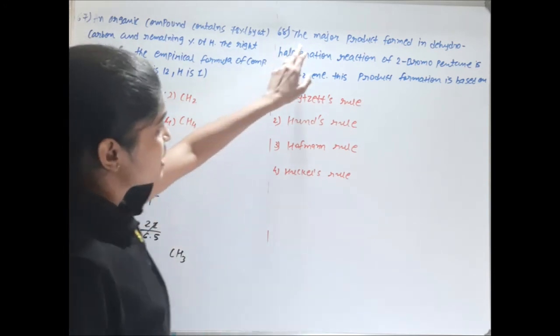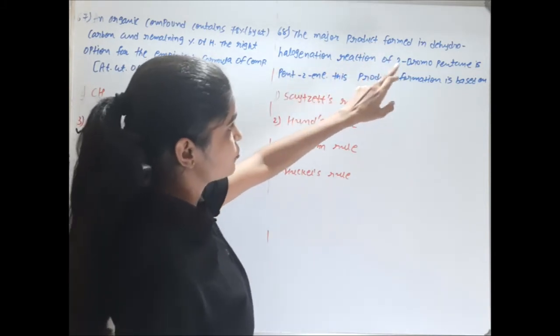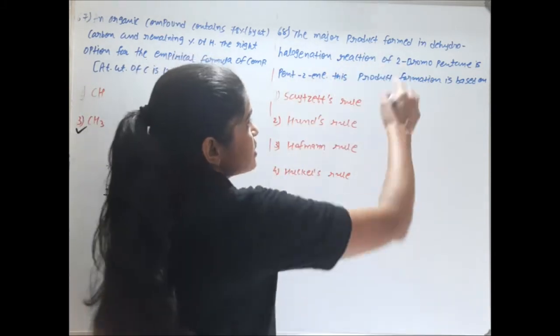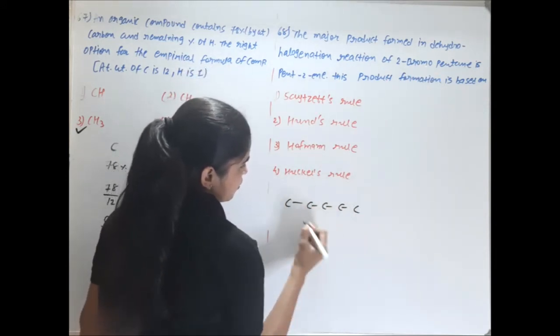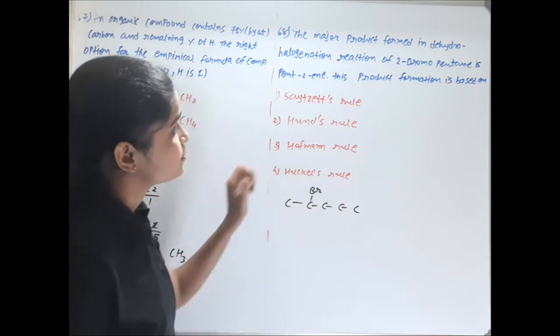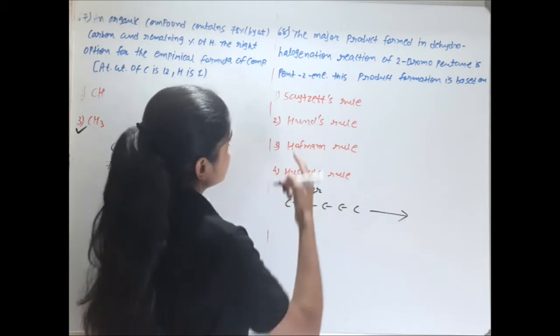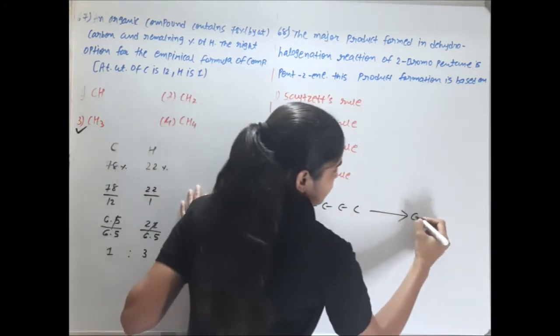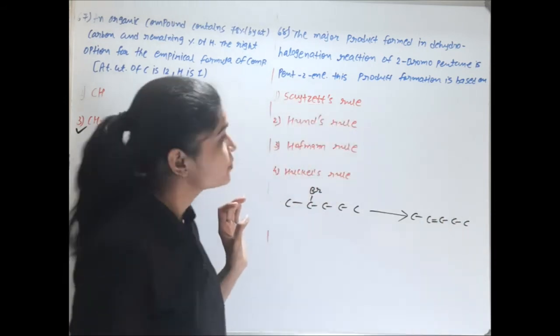Next is the major product formed in the dehydrohalogenation reaction of 2-bromopentane. Given is 2-bromopentane, carbons 1, 2, 3, 4, 5, with bromine on carbon 2. Dehydrohalogenation converts it into pent-2-ene.